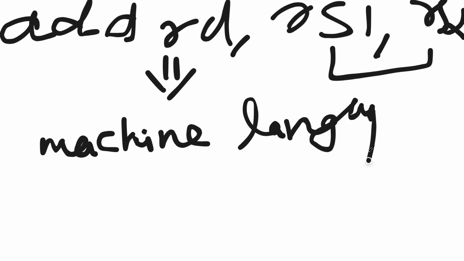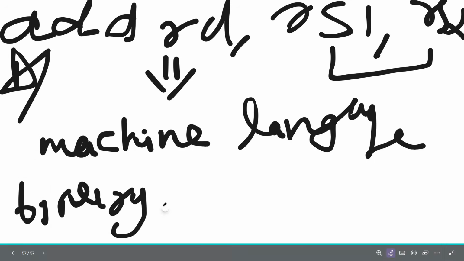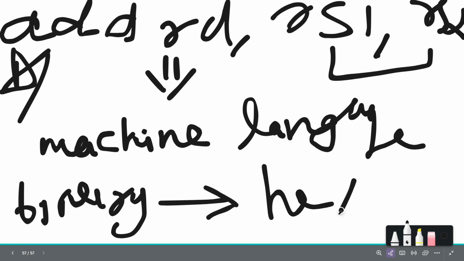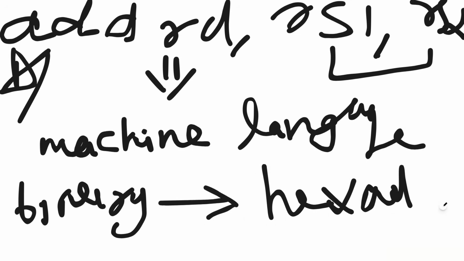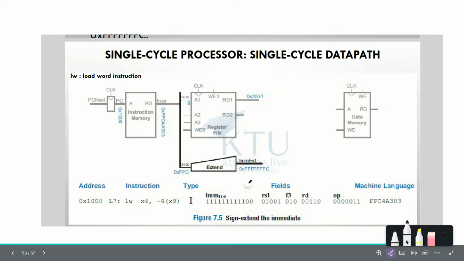How we convert it to machine language is what we are going to learn first. You have to convert the instruction into its binary format first, and that binary is converted to hexadecimal. That hexadecimal you get is actually the machine language.